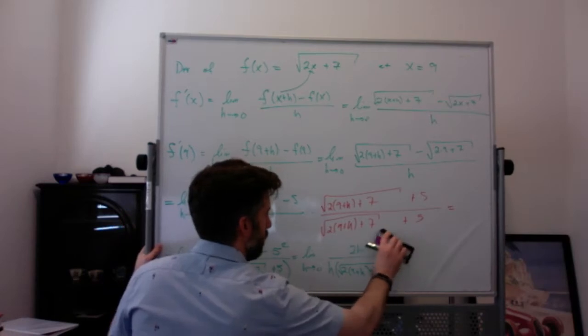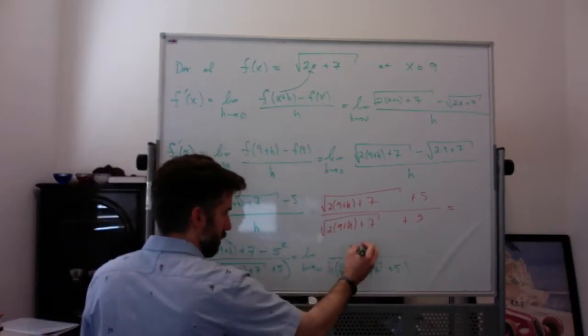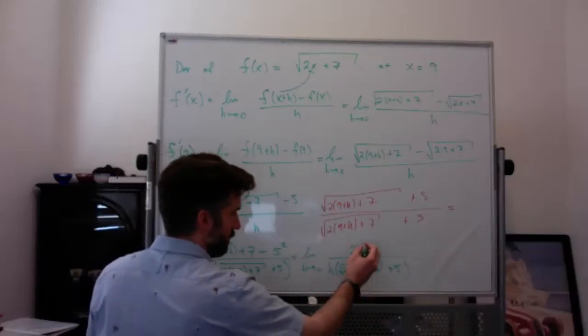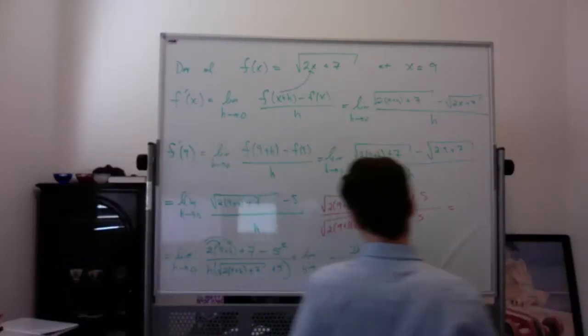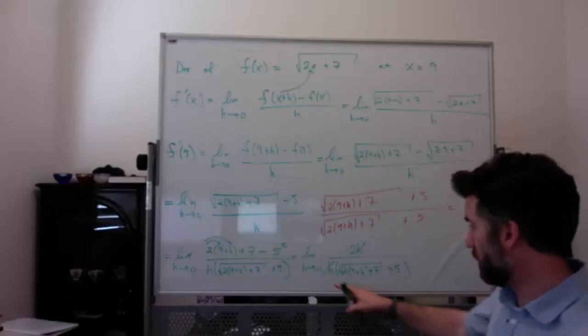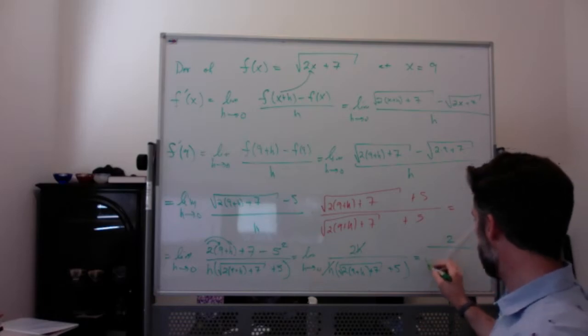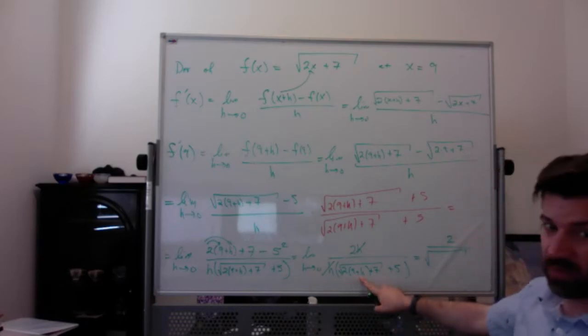And then, since all the non-h things canceled, for the remaining h you can factor out the h, there's only one time you'll have to factor it out. This h on top would cancel this h on the bottom. And then, and only then, after you've canceled out the h's, the rest of the h's you can plug in the 0 for. So I'm going to get 2 over the square root of 2 times 9 plus 0, well, that's just 9.